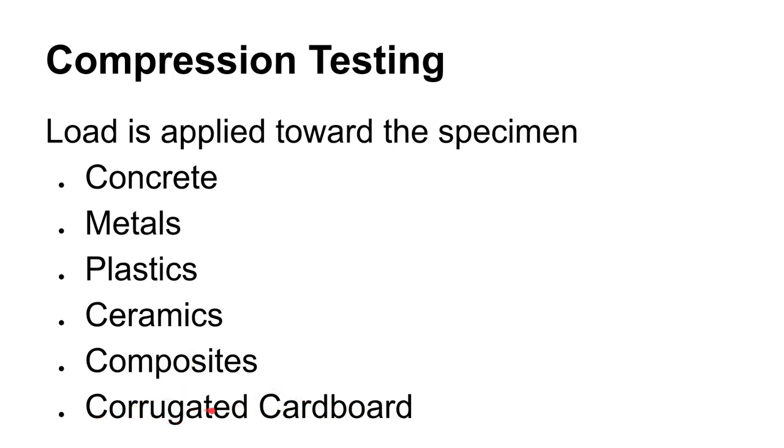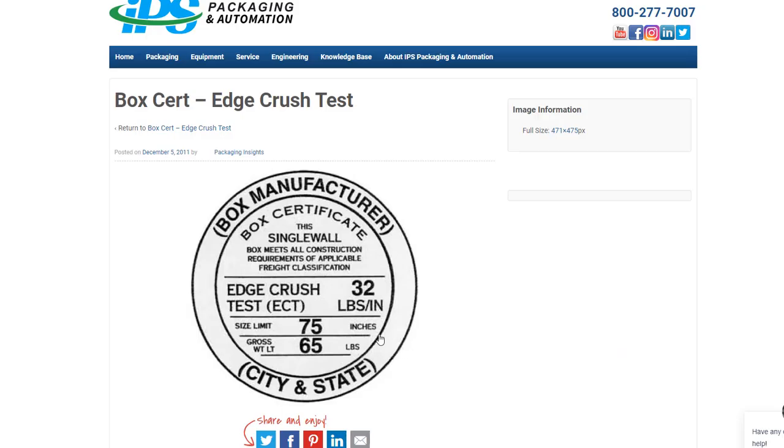Also, you'll see on the sides of a lot of cardboard boxes that they are rated for a certain compressive load along the edge. They have this edge crush strength, so that you'll be able to determine how high you can stack boxes made out of that particular corrugated cardboard. In fact, a lot of times you'll see on here the edge crush test, 32 pounds per linear inch along the edge of that cardboard.